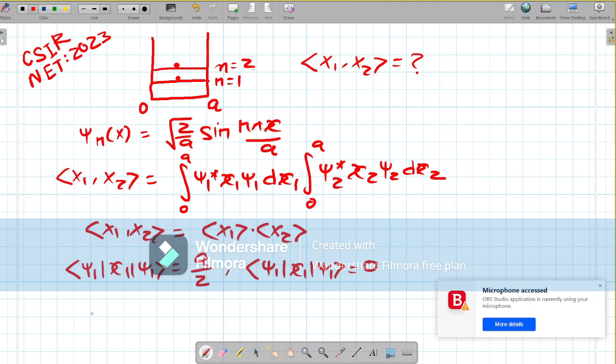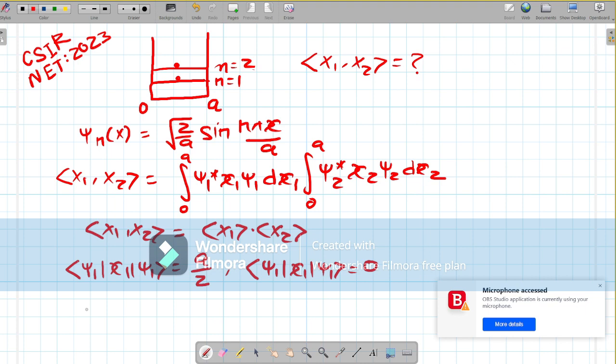Remember, this calculation is only for distinguishable particles. If you want to calculate for indistinguishable particles, then go for Griffiths' book. And the calculation for indistinguishable particles is very important for upcoming CSIR NET exams. So now let us proceed for the next step.